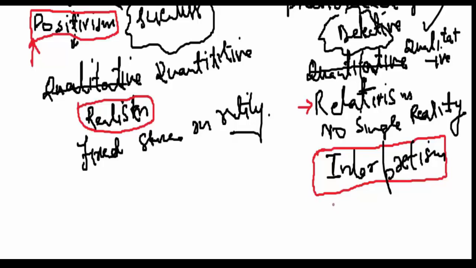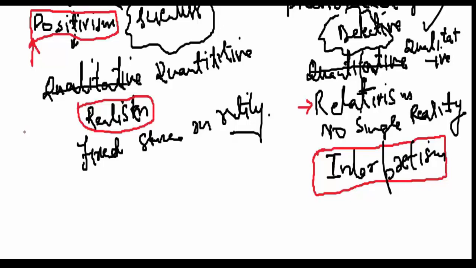Because qualitative research doesn't believe that reality is fixed. There is no single reality, but there are multiple perspectives of reality. They assume that knowledge is maximized by increasing the proximity between the researcher and the researched. That is important.